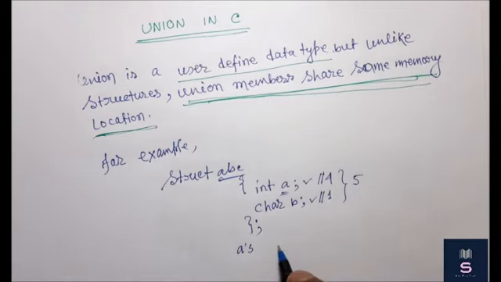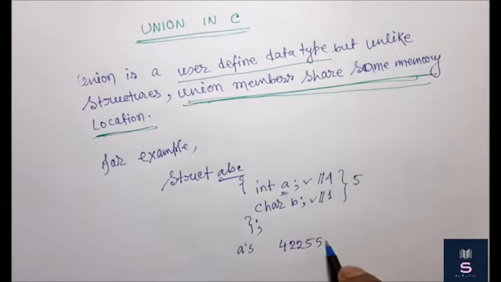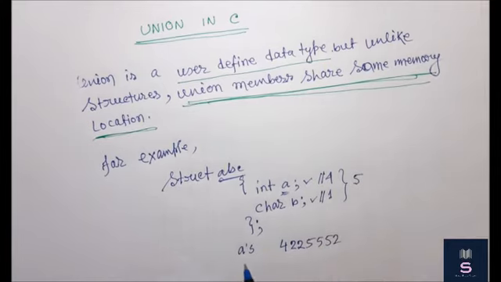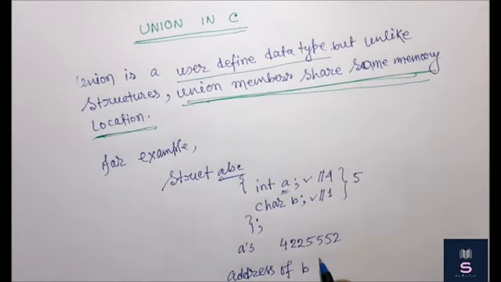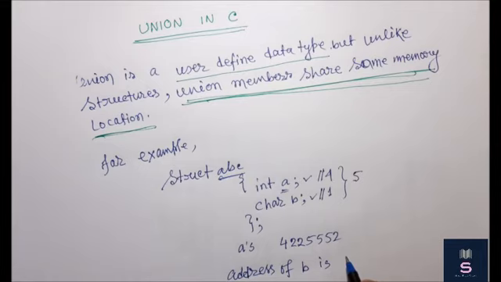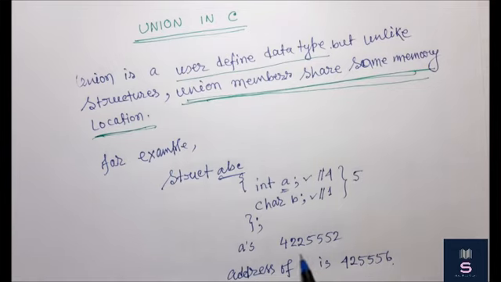For example, the address of A is 4225552, and the address of B is 4225556. Sorry, the address of A is 4223552 and the address of B is 4223556, for example.